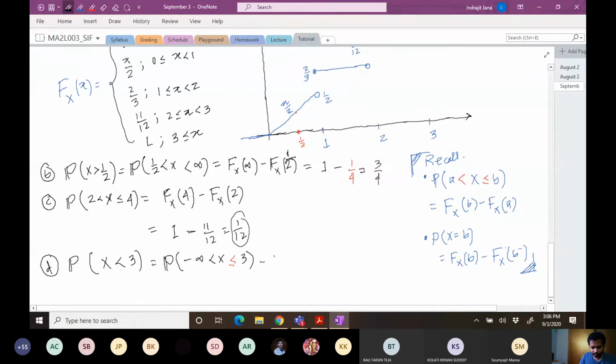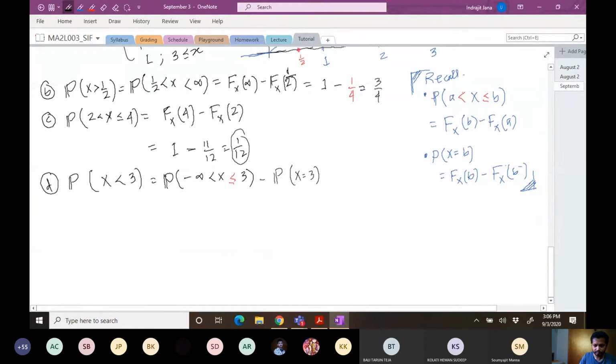So I have to subtract the probability x is equal to 3, so that it balances out. So this is going to be F_X(3) minus F_X(negative infinity) minus probability x is equal to 3.